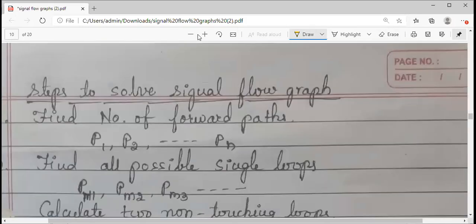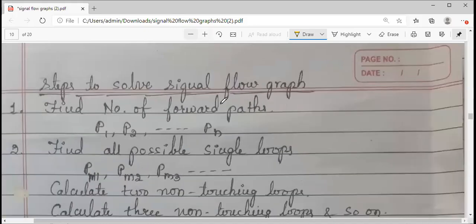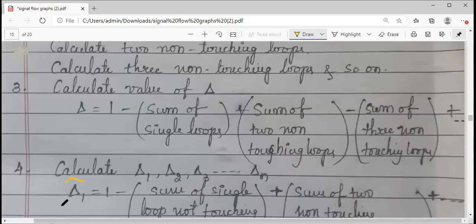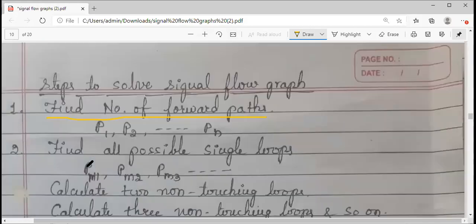These are the steps to be followed. First step is we have to find the number of forward paths, P1, P2, P3 like that. And as many forward paths as there are, that many delta K values there will be: delta 1, delta 2, delta 3.